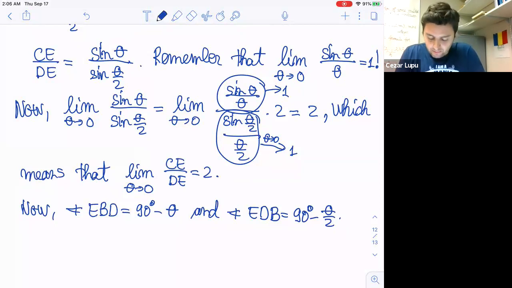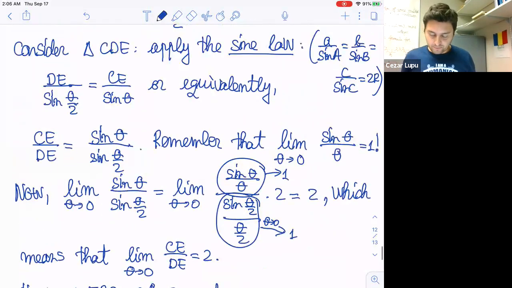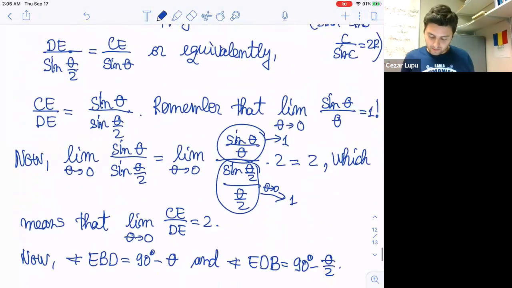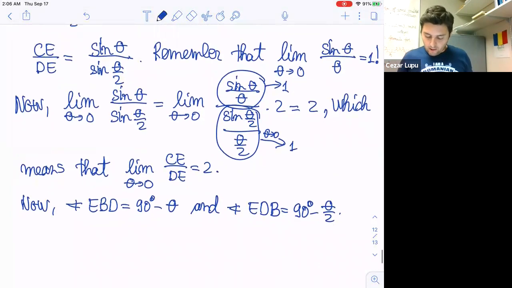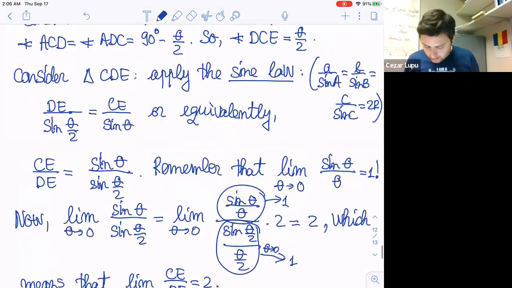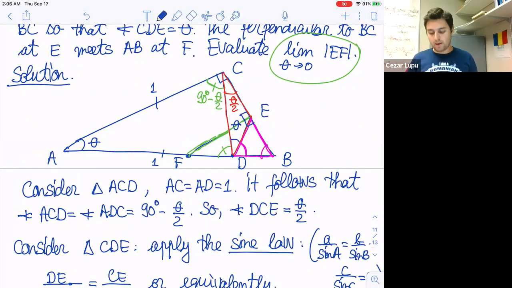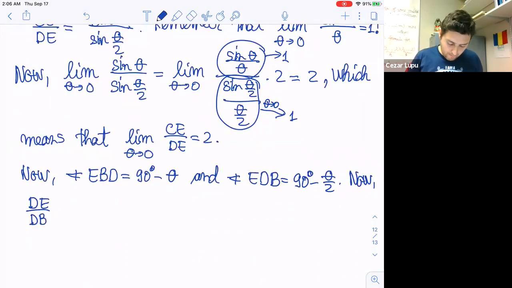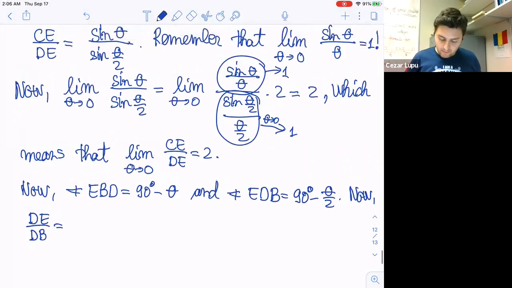Now we should compute the ratio, and you will see. I will look at DE over DB, and this will be what?